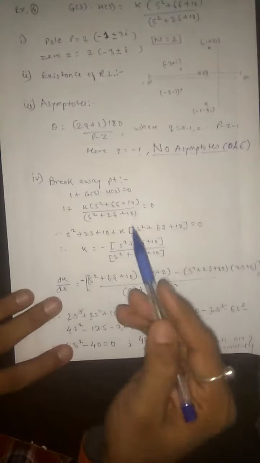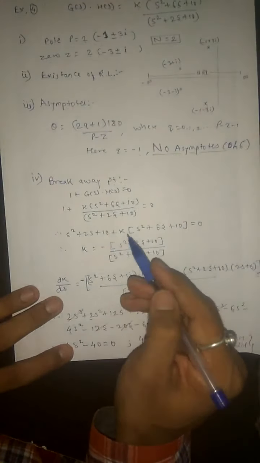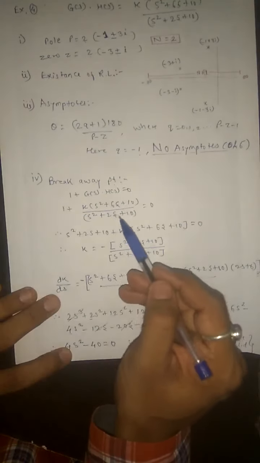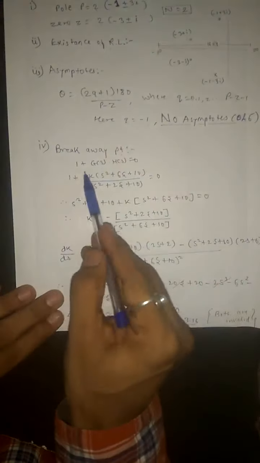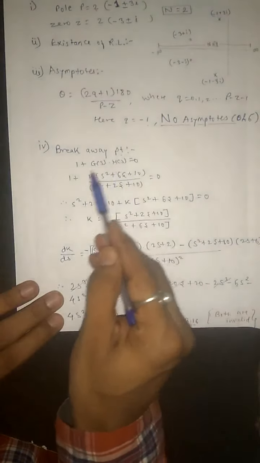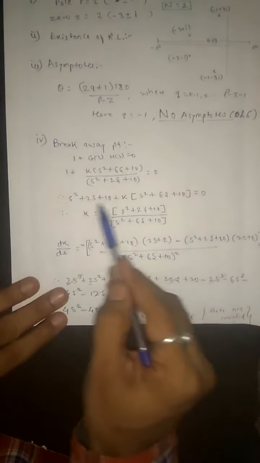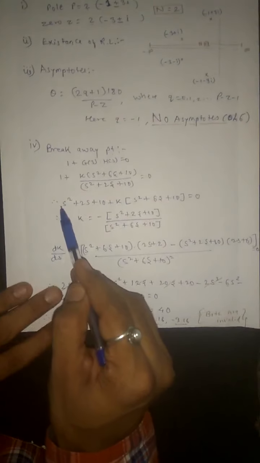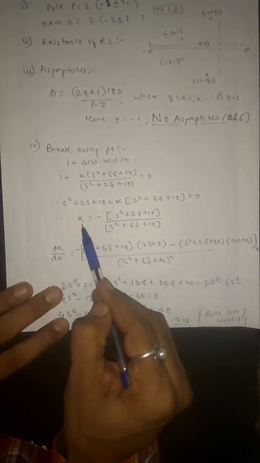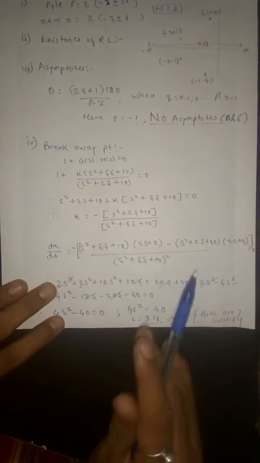If it is difficult to judge whether we need to calculate this point or not, you can go by calculation. The characteristic equation is 1 + G(s)H(s) = 0. Put in all the values, simplify your characteristic equation, then write the equation for the value of K. Then differentiate it.